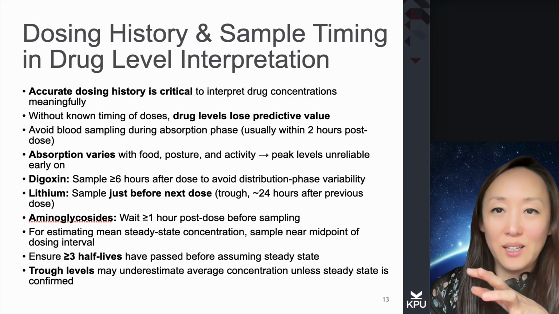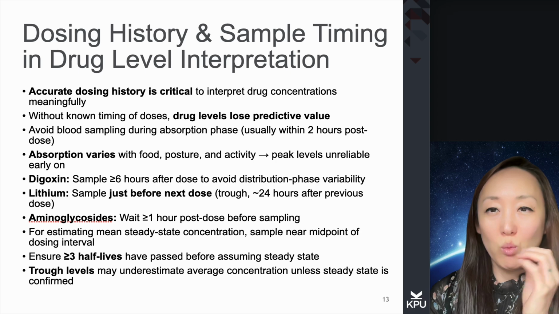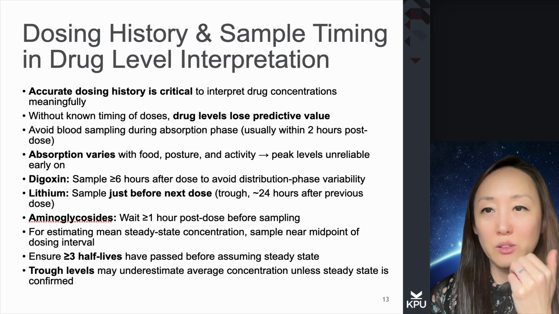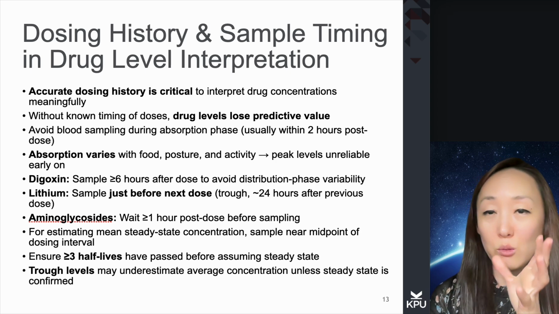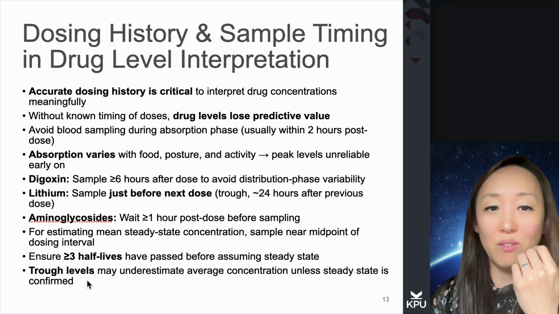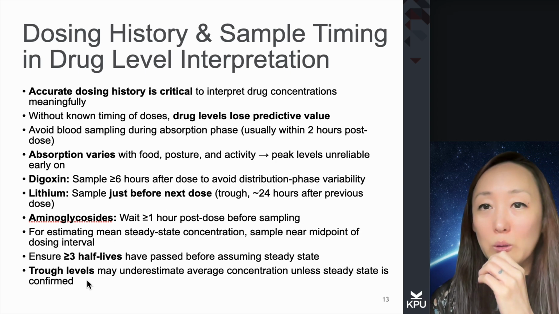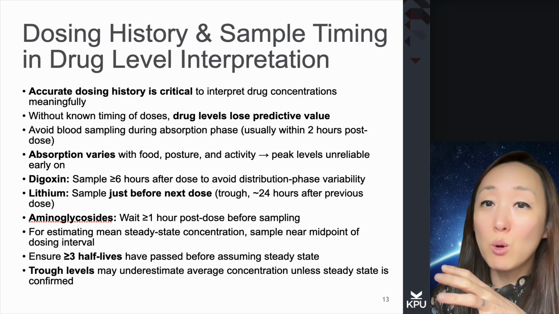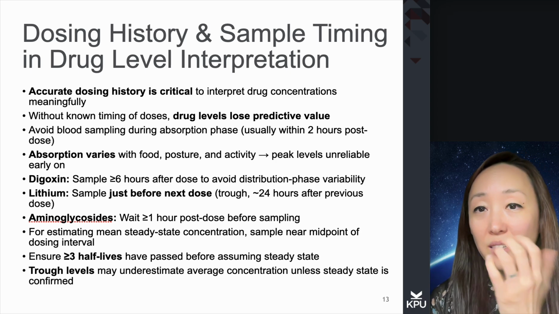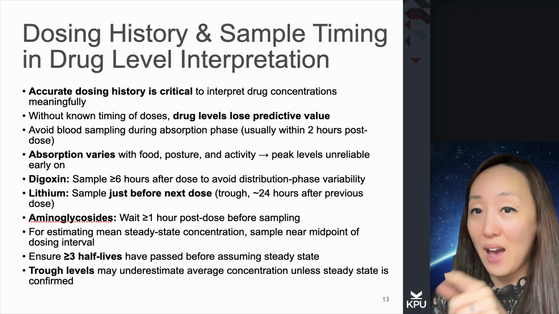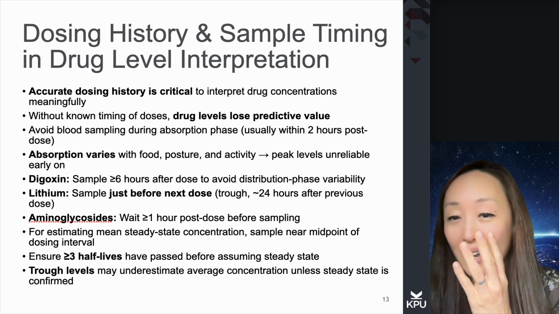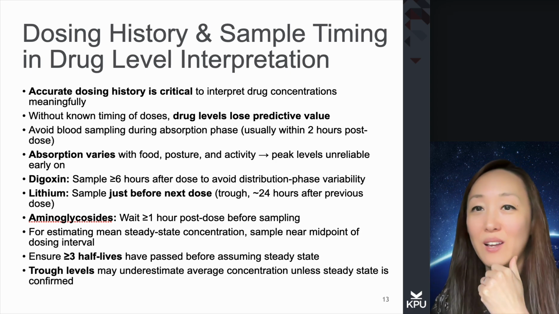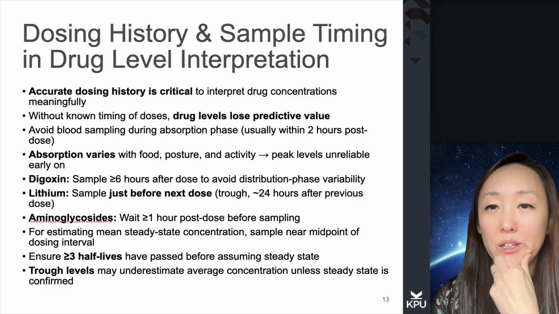So the steady state sampling is when we want to estimate clearance or check if dosing is correct at steady state. So this really means that we have to have a well-timed sample. For most cases, the steady state is reached 3 to 5 half-lives of consistent dosing. Remember that 4 to 5 half-lives concept that we talked about earlier.